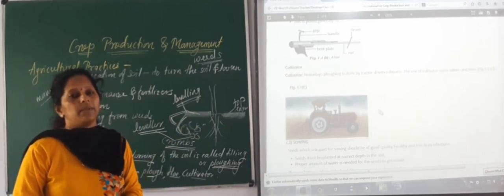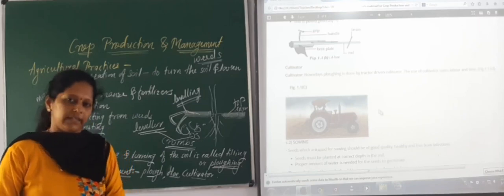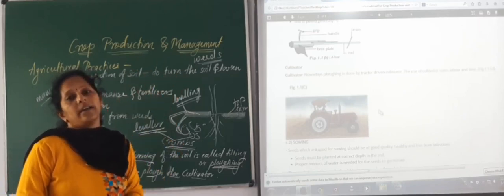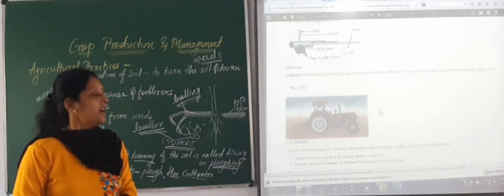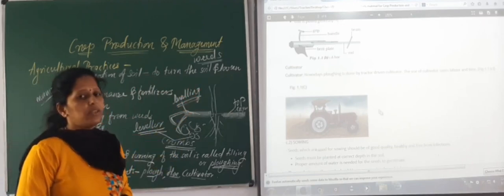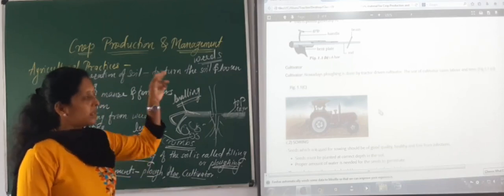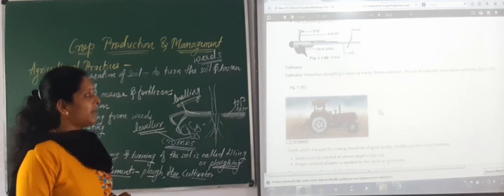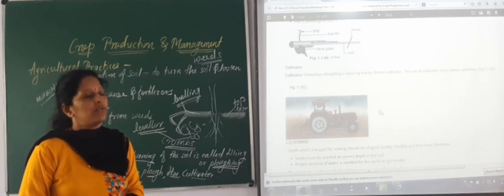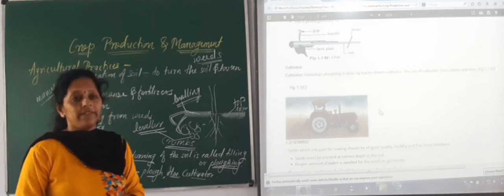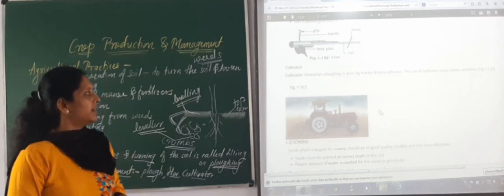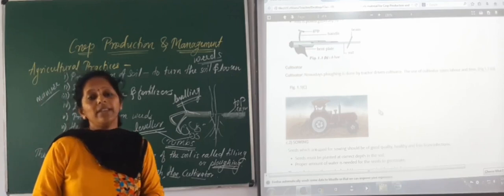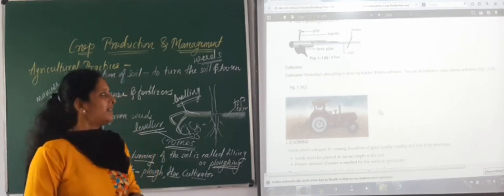When plowing is done with the help of a tractor, it is called a cultivator, whereas plowing with the help of animals like bulls, camels or horses is called a plow. The third one is the cultivator, which is nowadays driven by tractors. So plowing with the help of a tractor is called a cultivator.